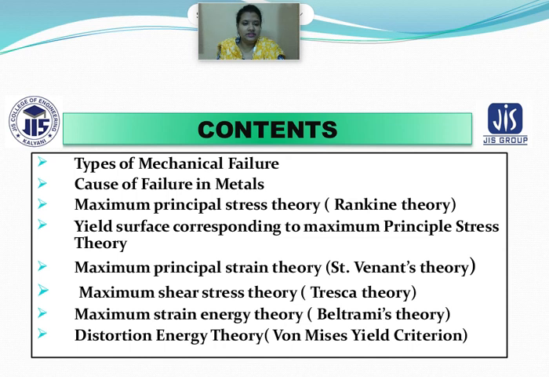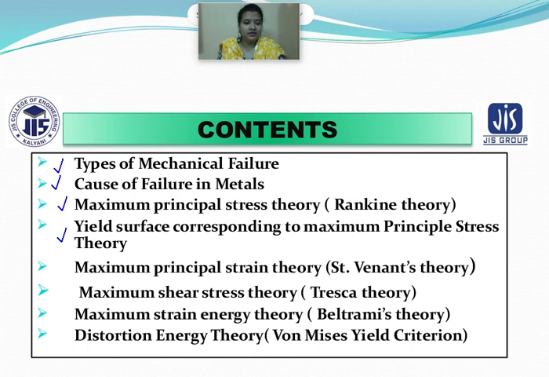In my previous lecture I have already discussed the types of mechanical failure and the causes of failure. Today in this lecture we are going to cover the maximum principal stress theory, as well as the yielding surface corresponding to the maximum principal stress theory.